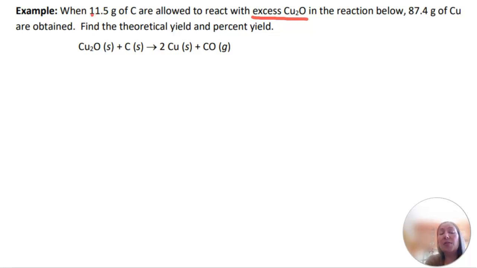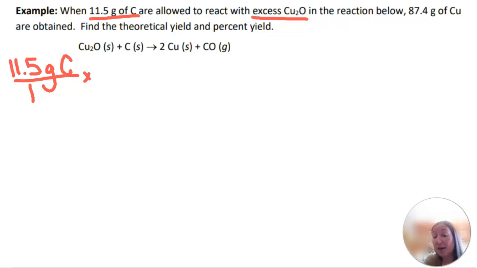And it says that we're going to start with 11.5 grams of carbon. So let's see, from our 11.5 grams of carbon, C for carbon, how much of that copper can we make?